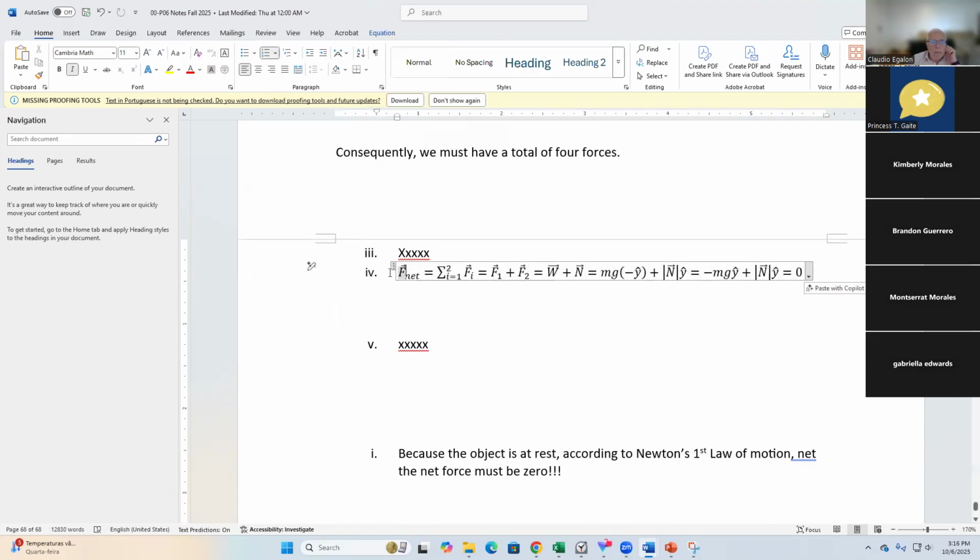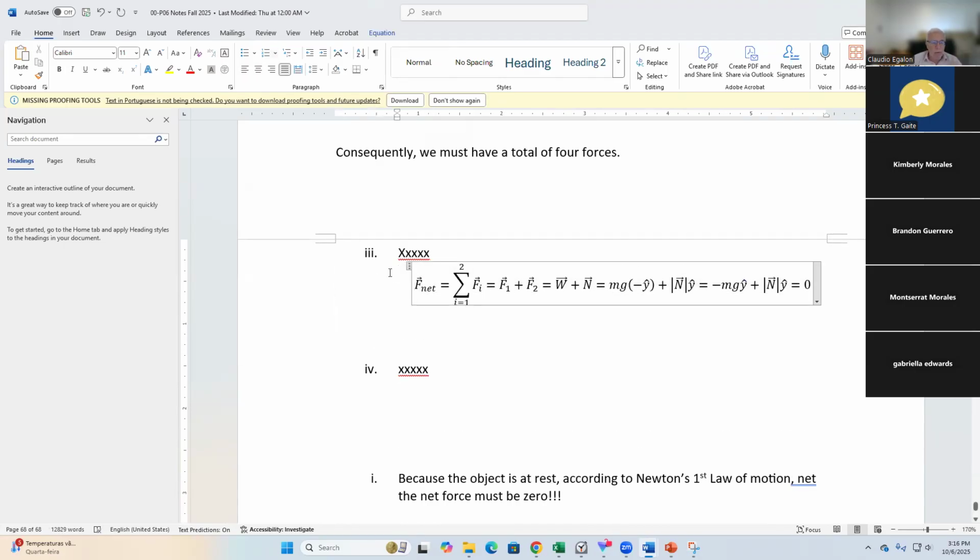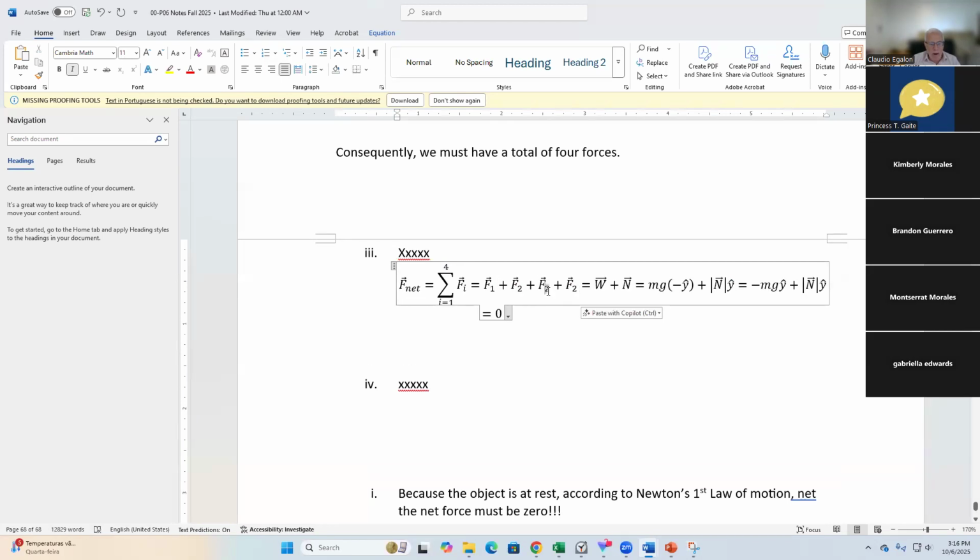Net force. Total of 4 forces, so you have to change here to 4. F1 plus F2 plus F3 plus F4.